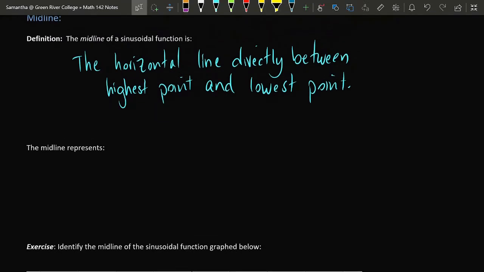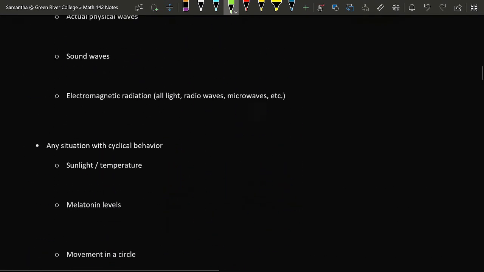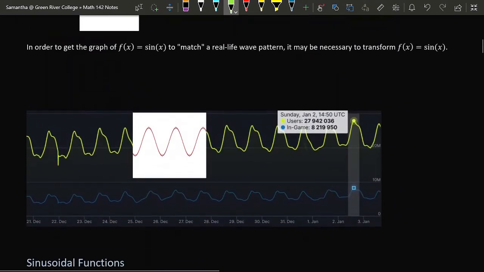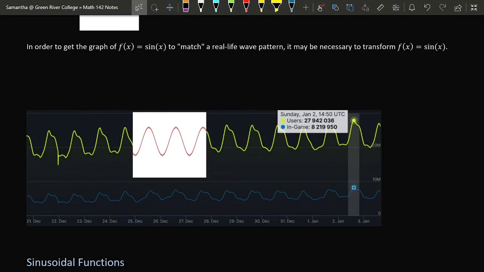Now, when you're dealing with real-world waves or real-world cyclical behavior, the midline represents physically the average amount. Scrolling back up to that chart of Steam users, the midline, which cuts directly between the peak and the lowest amount of users, would cut right through the middle.